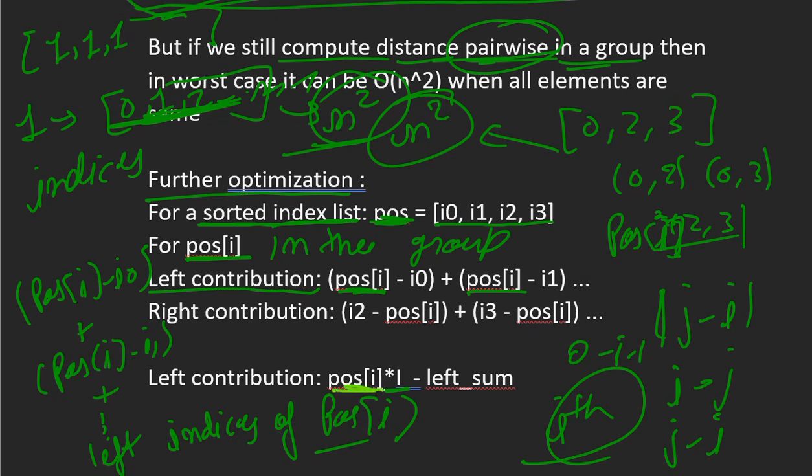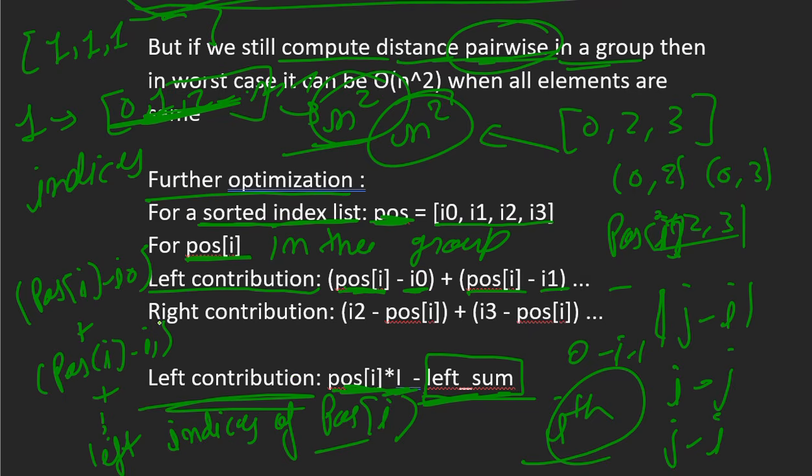The left contribution is position of i times i, minus the left sum, that is i0 plus i1 plus i2 and so on. This is the left contribution formula.